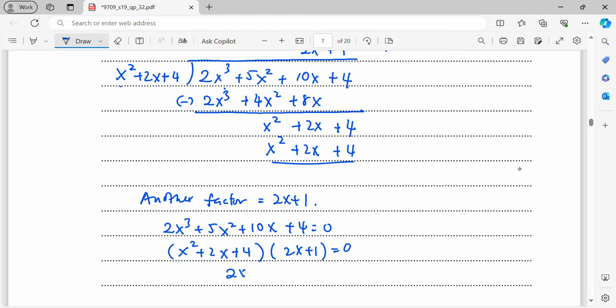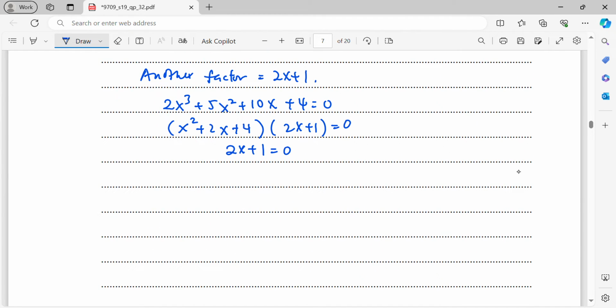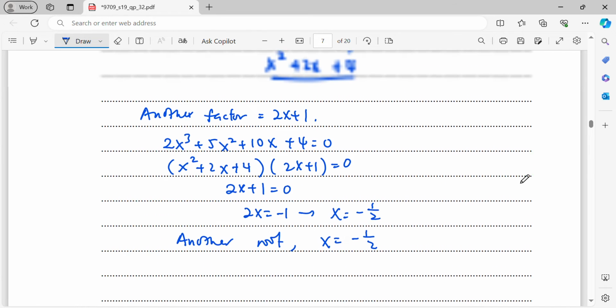So you just let the linear factor be 0. That will be your another root. So 2x is minus 1, hence x is negative half. So another root is x equals negative half. This is how we solve this question.